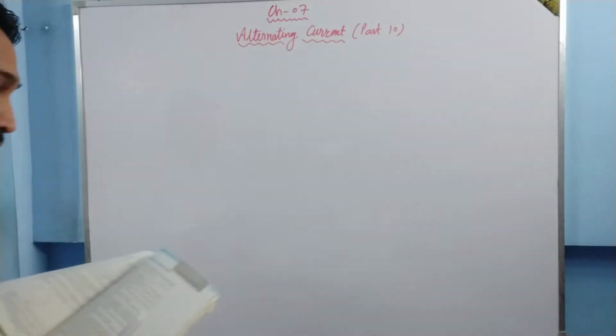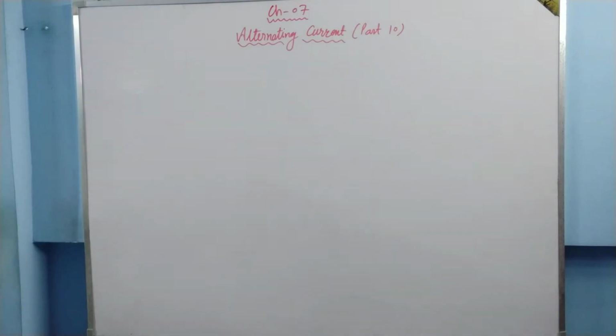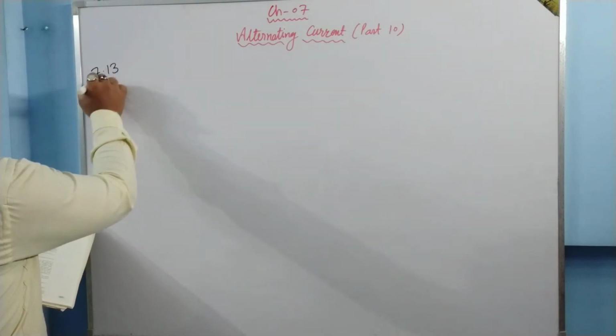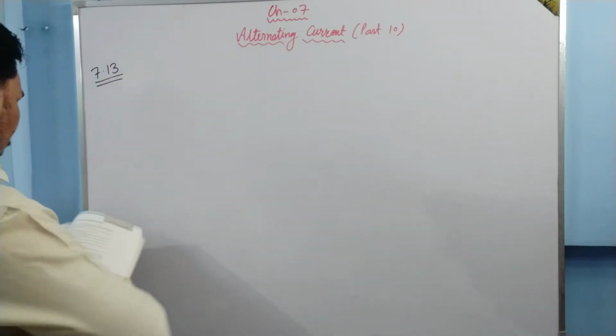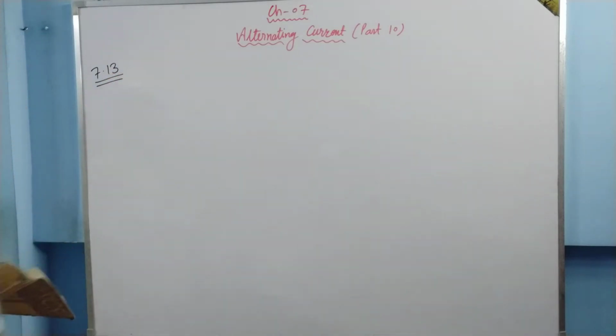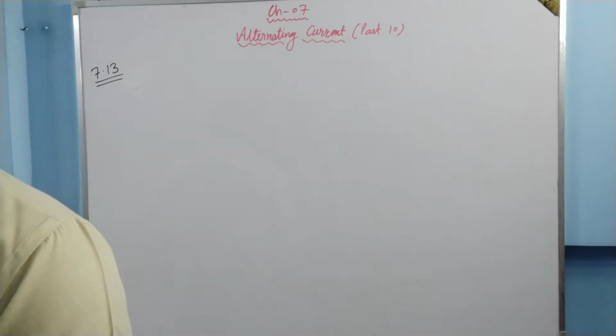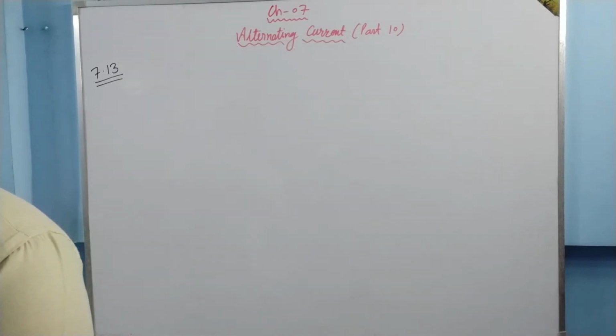So let us start question number 7.13. The question says that a coil of inductance 0.50 Henry and resistance 100 ohm. What are the values we are having?